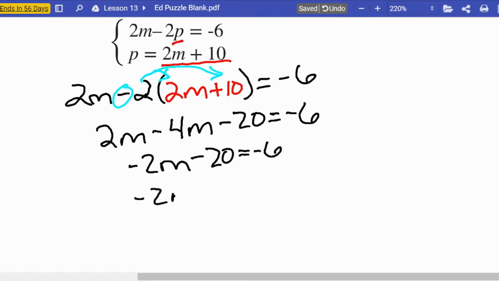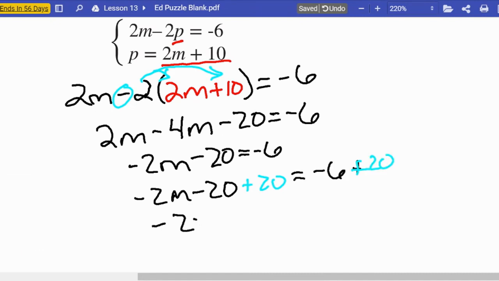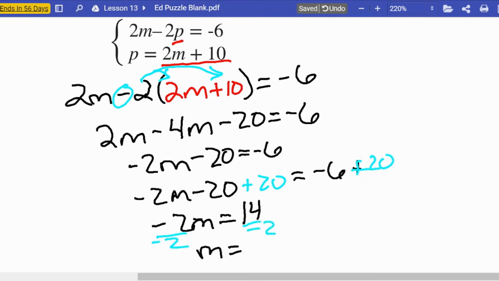So add 20 to each side. That leaves us with negative 2m is equal to 14. Divide by negative 2. m is equal to negative 7.